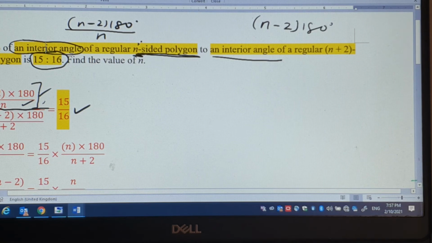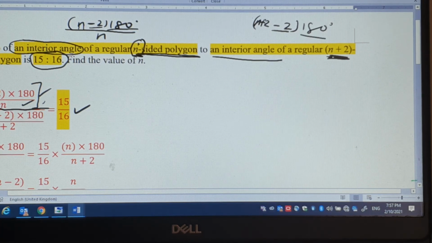You listen carefully. Down here, there are n sides, right? That's why I put n here. But this one is not n sides, it's n plus 2 sides. Then you say this minus 2 is this minus 2, this 180 is this 180.